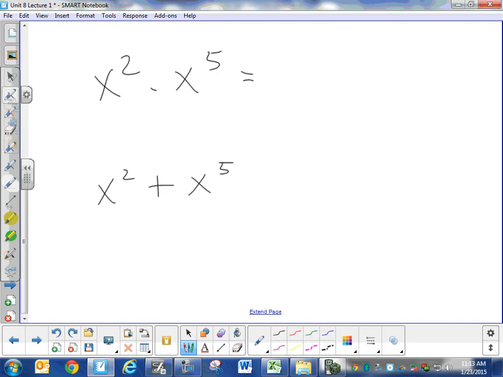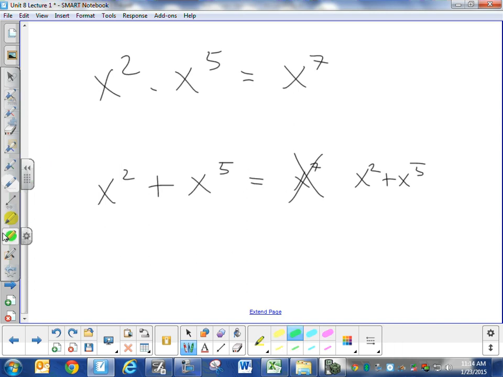What is x squared times x to the 5th? X to the 7th. What is x squared plus x to the 5th? Okay, this is important, and this is just an introduction, and we won't do addition until later in this chapter.